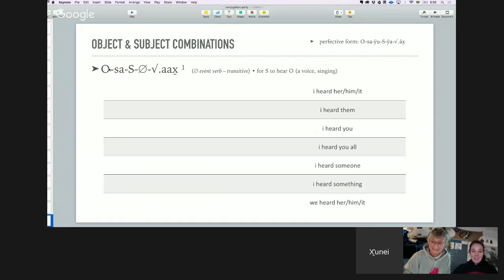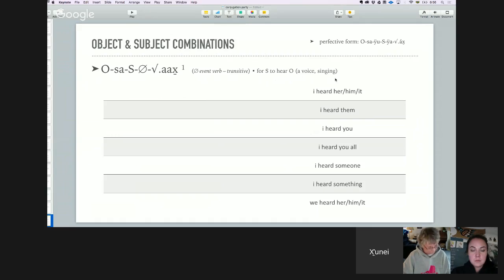Okay, so now we've got object, thematic prefix, sa. We remember in the third person perfective it will become say. We have the subject, the zero group classifier, ach, which is to hear. This is a zero conjugation event verb. It's transitive: for S to hear O, a voice or singing.